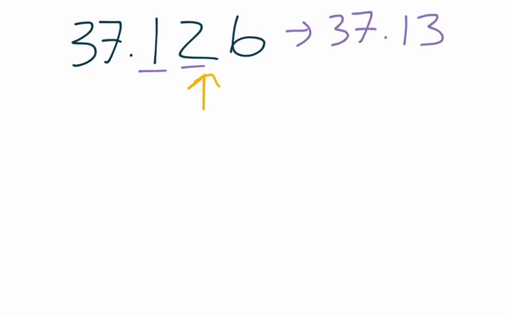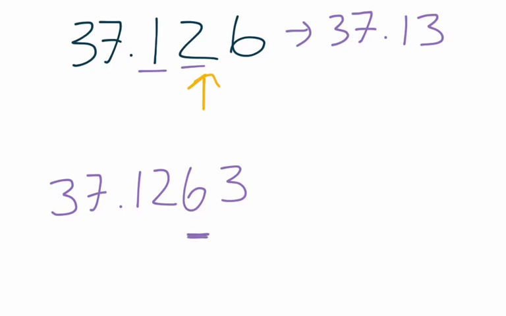If you were asked to round to 3 decimal places, there's 3 decimal places, that's your third one, 1, 2, 3. This one rounds down to 37.126. Okay, and that's really all I wanted to cover.